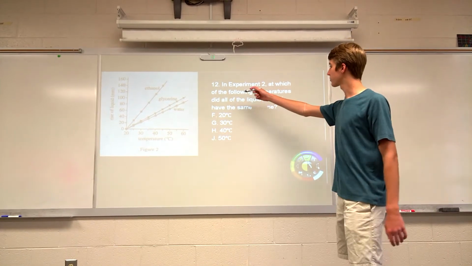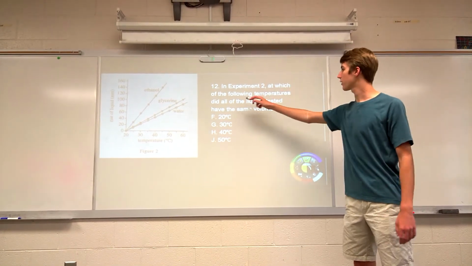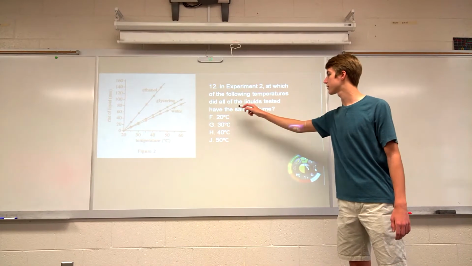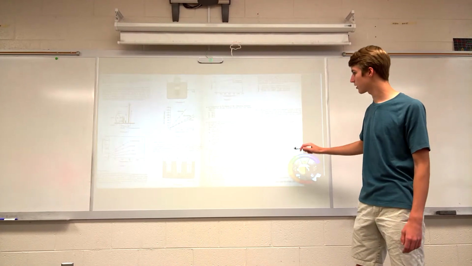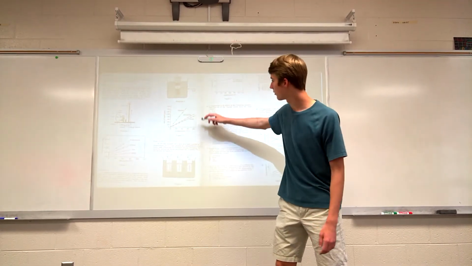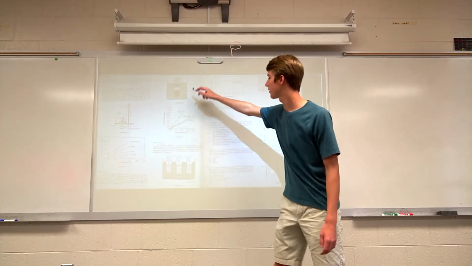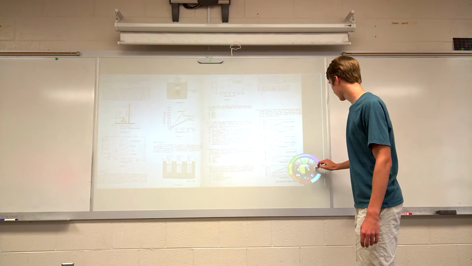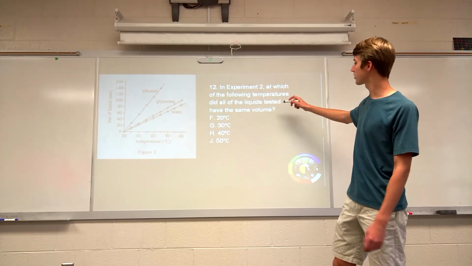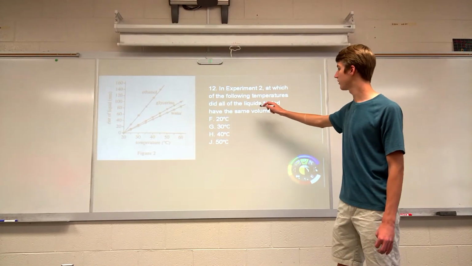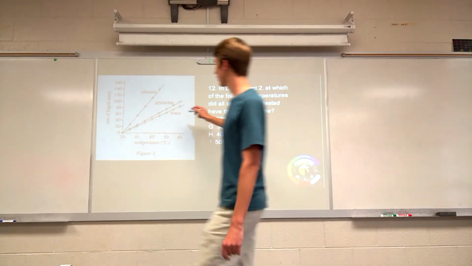So, for example, in this problem, experiment 2, at which of the following temperatures did all the liquids tested have the same volume? So we go to experiment 2, which is labeled, here's experiment 2, and then figure 2 right here. This graph talks about temperature, so we need to find which temperature did all the liquids tested have the same volume.